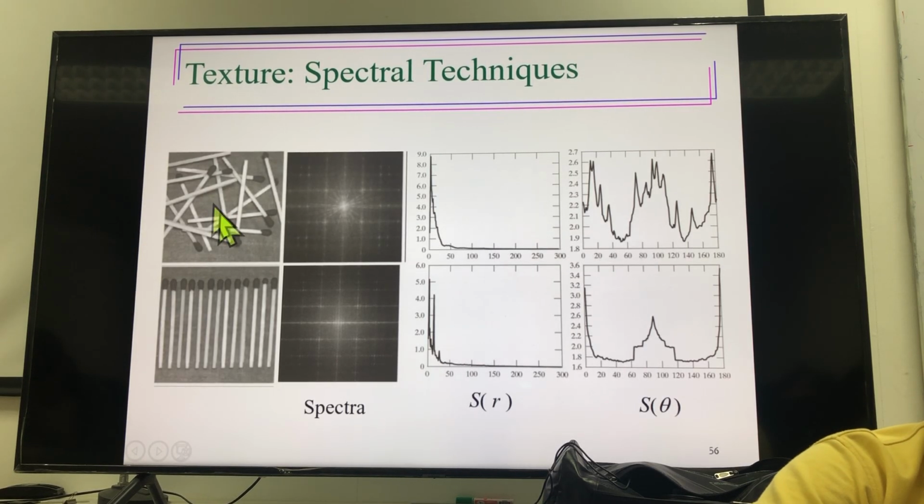And this is the object, this is the Fourier spectrum, and then you draw this, the magnitude, and that's the phase, the angle of the phase. You can use it to measure the structure as well.